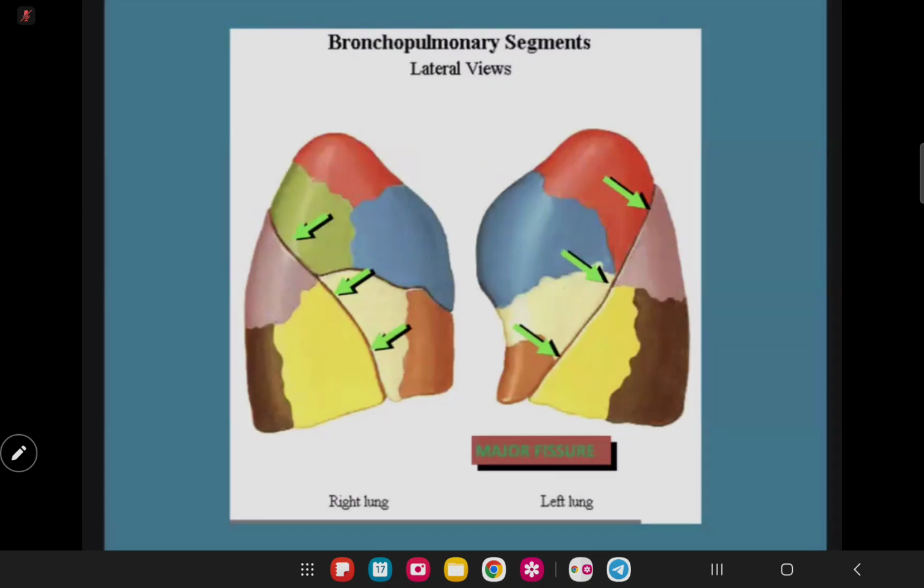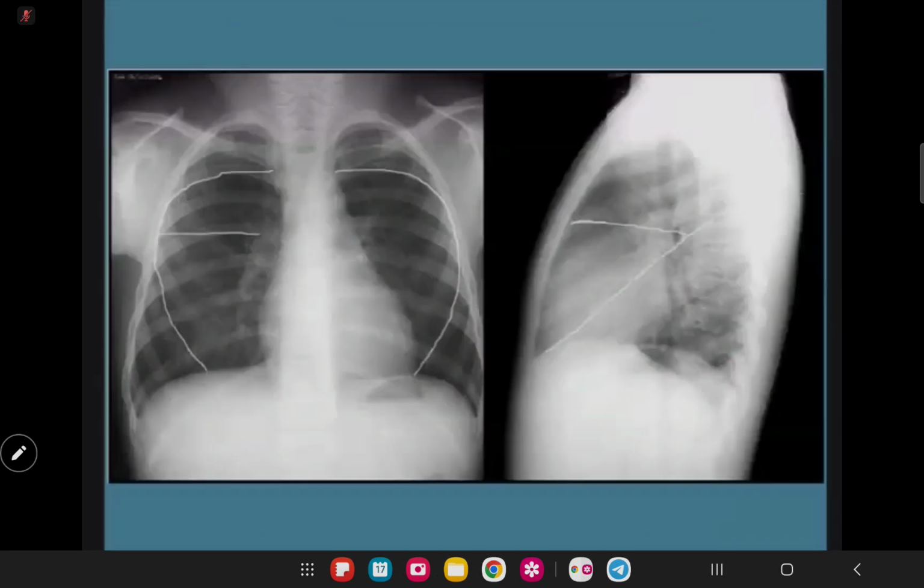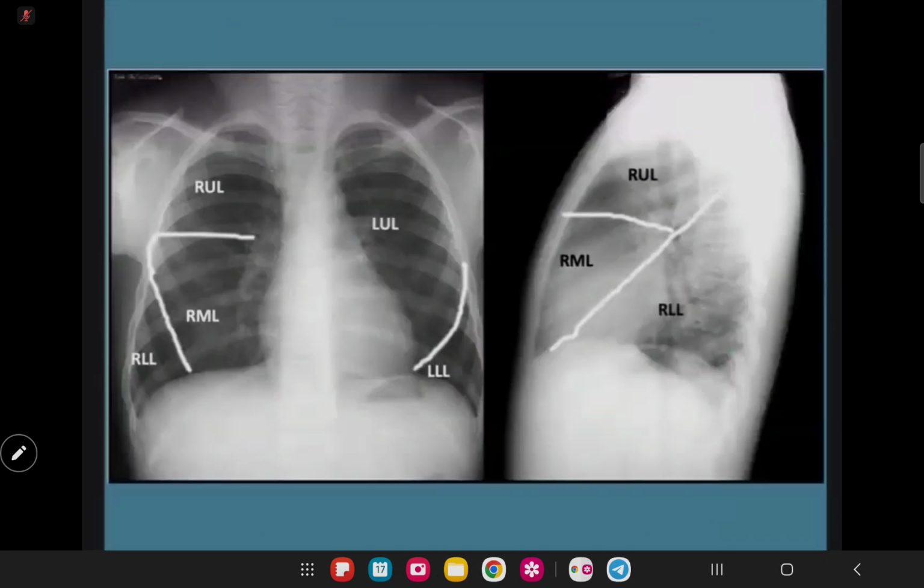And that would be how the fissures look on the lateral view. So this is how you divide your lungs. This would be your right upper, right middle, and right lower; left upper, and left lower. This is how it would look on the right lateral view.